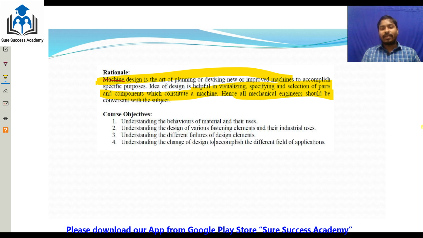Hence all mechanical engineers should know this subject. The core of this subject is understanding the behavior of materials and their uses, understanding the design of various fastening elements and their industrial uses, understanding the different failures of design elements, and understanding the change of design to accommodate different fields of application.